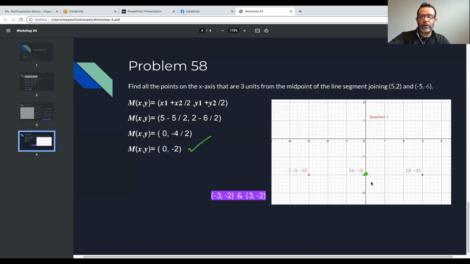So actually we're looking for points along this axis where the distance is 3. So what we're looking for is any point along the x-axis where this distance equals 3. Now I'm putting it on both sides because the distance could be on either side. Is that clear? So it could be here or it could be here.